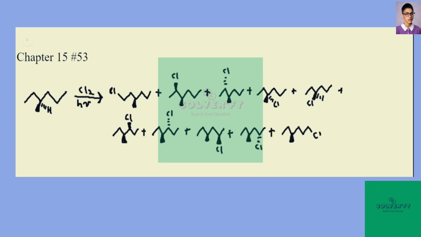And then the other thing that we need to account for is the chlorine could add to that methyl group itself. So there's our methyl group, and the chlorine could add there. So 1, 2, 3, 4, 5, 6, 7, 8, 9, 10, 11. So there are 11 stereoisomers here, okay?